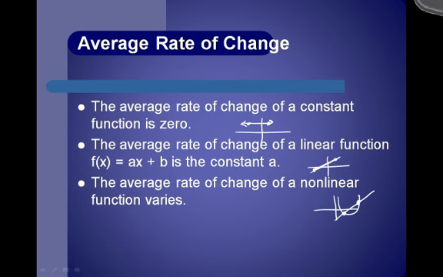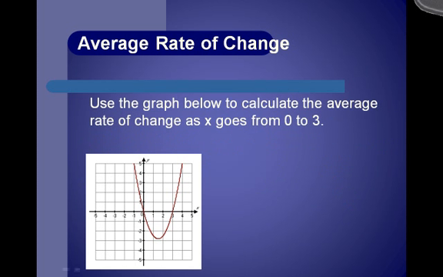Okay, let's do some examples. The first example says, use the graph below to calculate the average rate of change as x goes from 0 to 3. Well, x is 0 is right here at the origin. That is the ordered pair 0, 0.